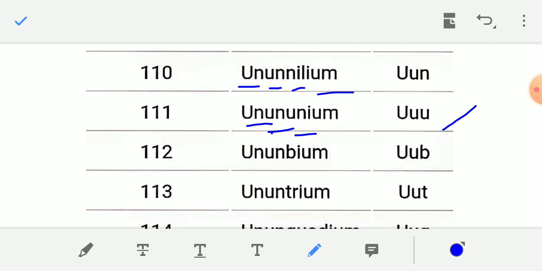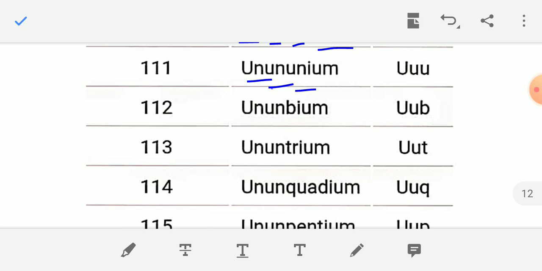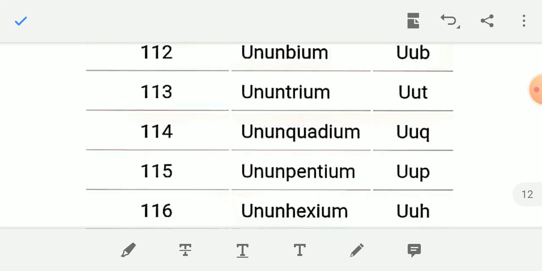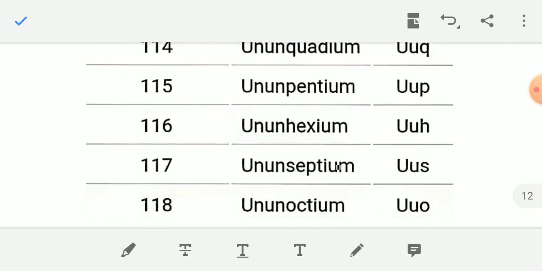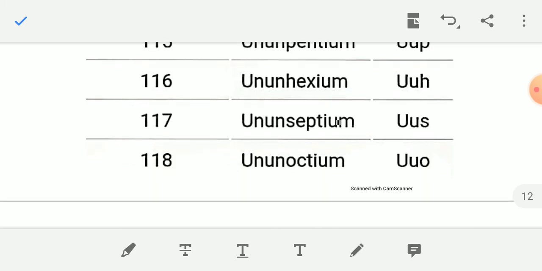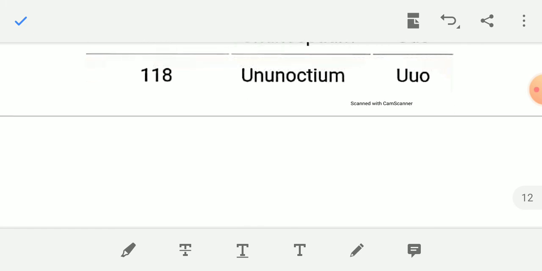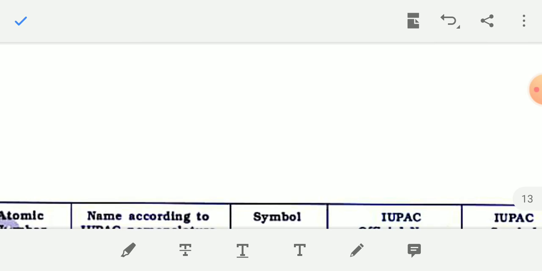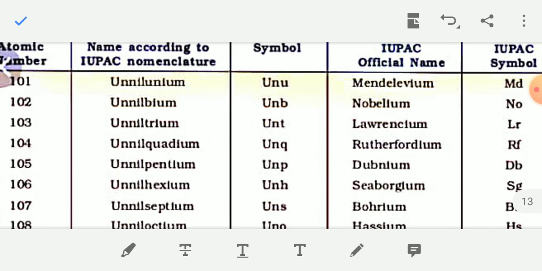For 112, the name is ununbium, Uub. 113, ununtrium. 114, ununquadium, Uuq. 115, ununpentium, Uup. 116, ununhexium, Uuh. And 117, ununseptium, Uus. And 118, ununoctium, Uuo.